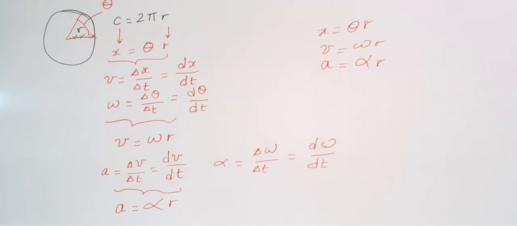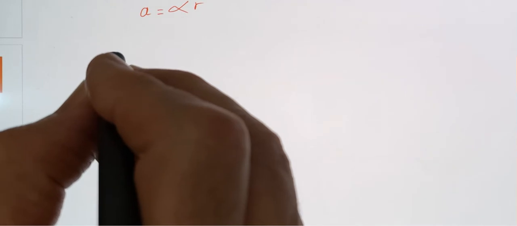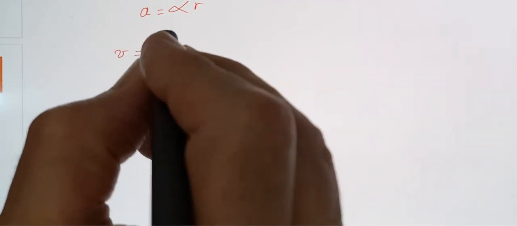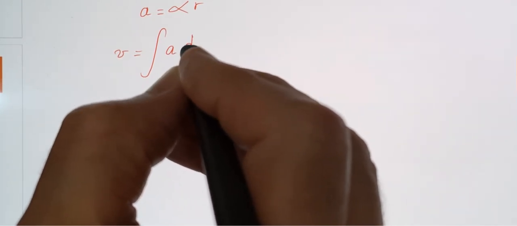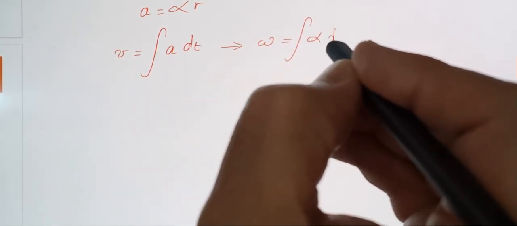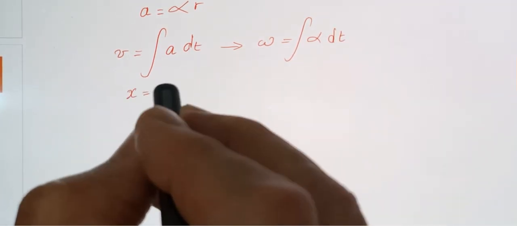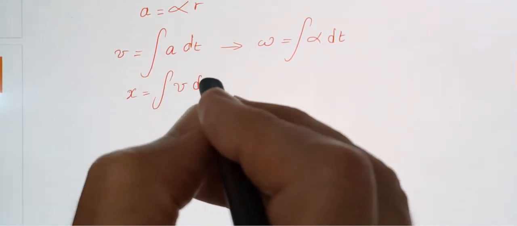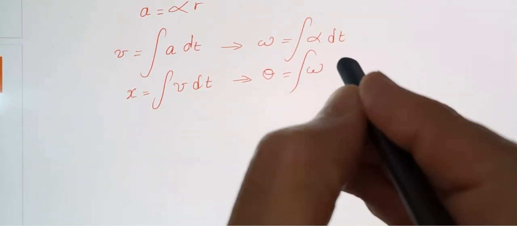What else we learned before? Well, we learn, for example, that v is the integration of a dt. Equivalent to that, omega is the integration of alpha dt. We learn, for example, displacement is the integration of v dt. Well, theta is the integration of omega dt.